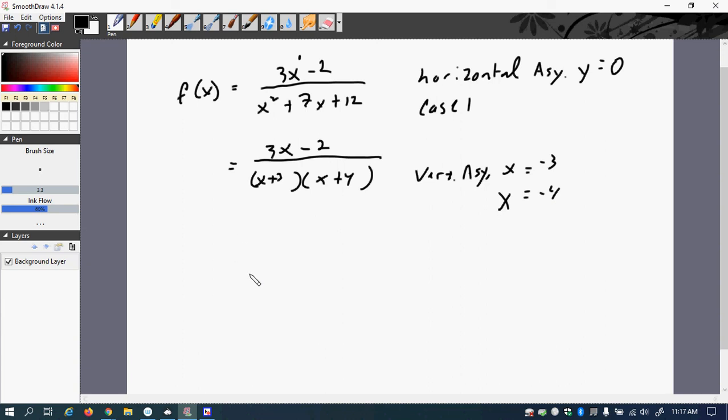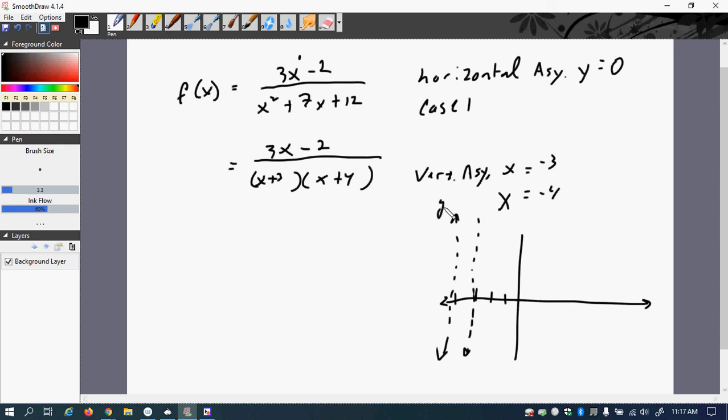Now when I go to graph this particular situation, I have one at -3 and one at -4, and they're dotted here.